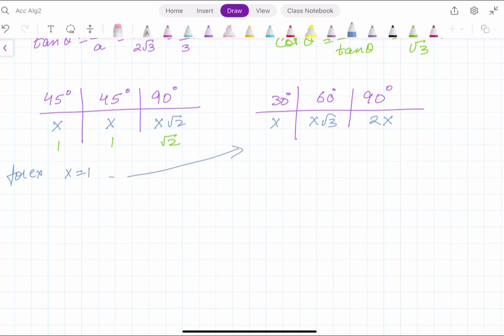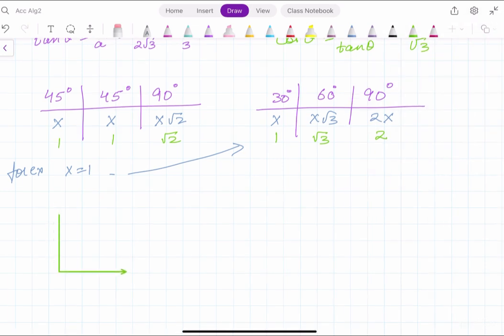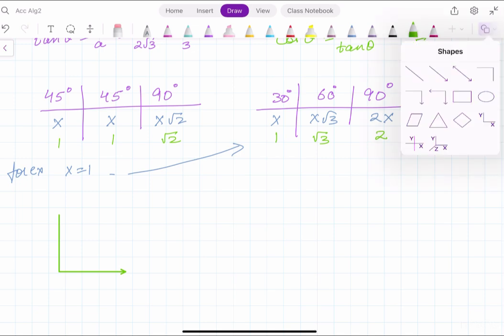You have done how to derive these values. For 45, 45, 90, you can use a square, take half of it and then derive it. For 30, 60, 90, you can use the equilateral triangle to derive these values, and you have done that in geometry. So if the value of x is 1, then for 30, 60, 90 the sides will be 1, radical 3 and 2.